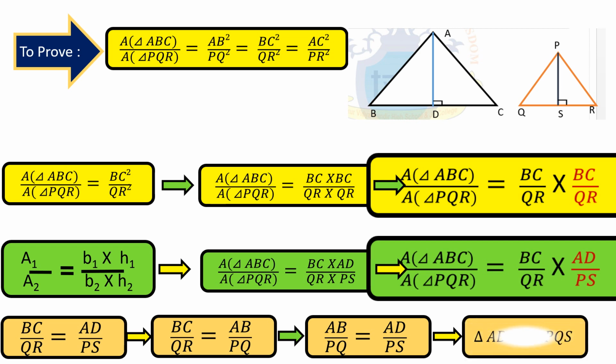And PQ and PS belong to triangle PQS. So this is how I can get the two triangles which I have to prove similar. So now I know I have to prove triangle ABD is similar to triangle PQS.